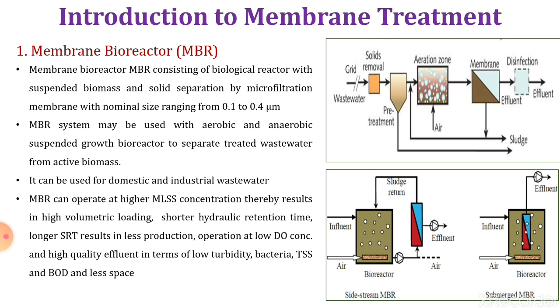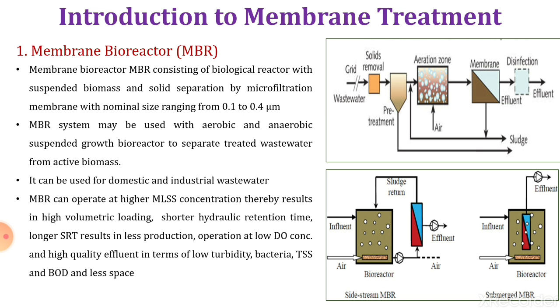MBR system may be used with aerobic and anaerobic suspended growth bioreactors to separate the treated wastewater from the active biomass. It can be used for domestic and industrial wastewater. MBR can operate at higher MLSS concentration, thereby resulting in high volumetric loading, shorter hydraulic retention time, and longer SRT, that is solid retention time, which results in less sludge production.